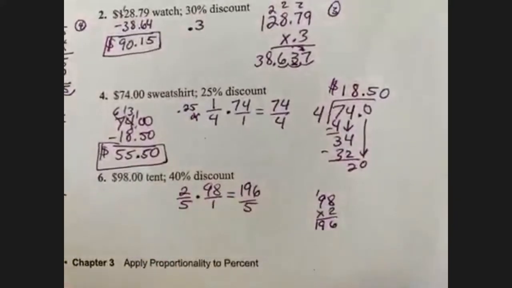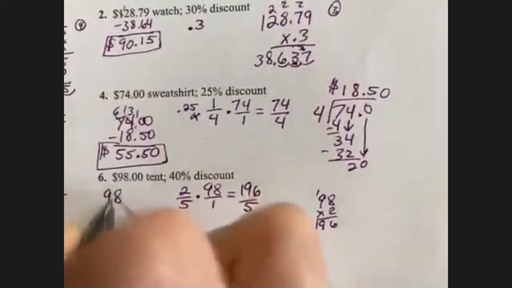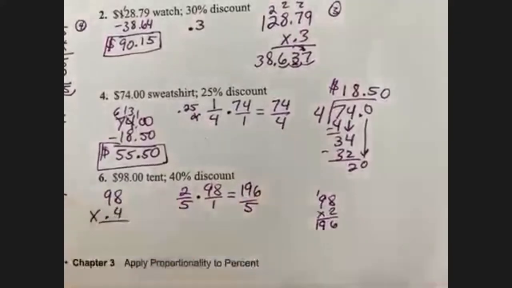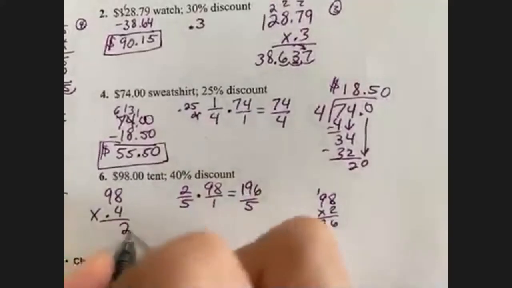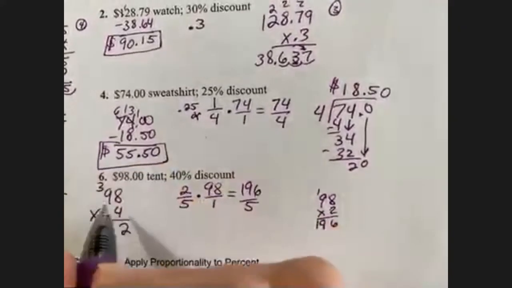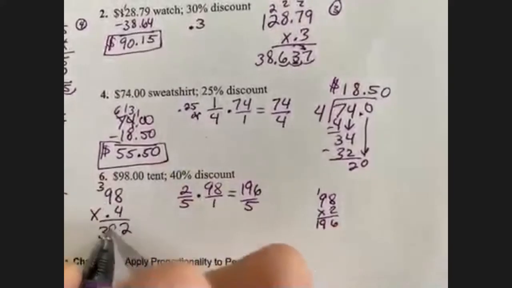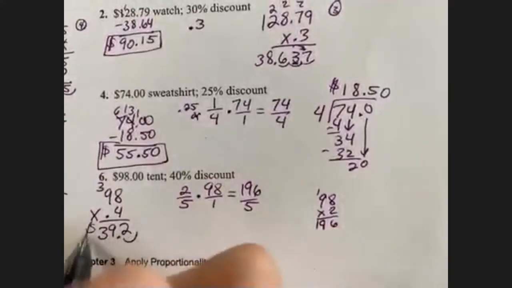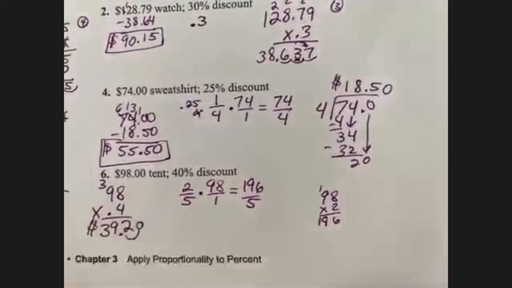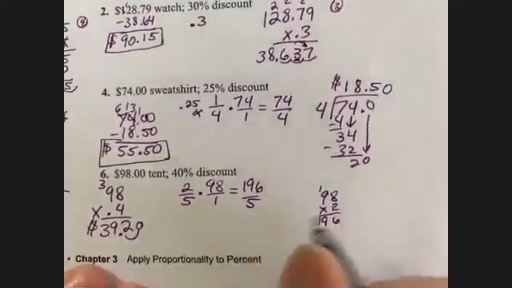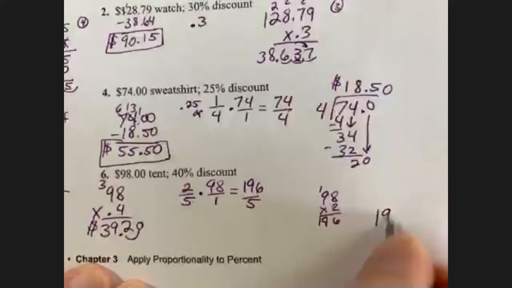So I can do 196 divided by 5. Or again, if some of you want to do it, it's 98 times the 0.4 because that's 40%. Some of you might say this is a little bit easier, and I think it is. 36 plus 3 is 39, and move the decimal one place to the left. So it's $39.20 discount.